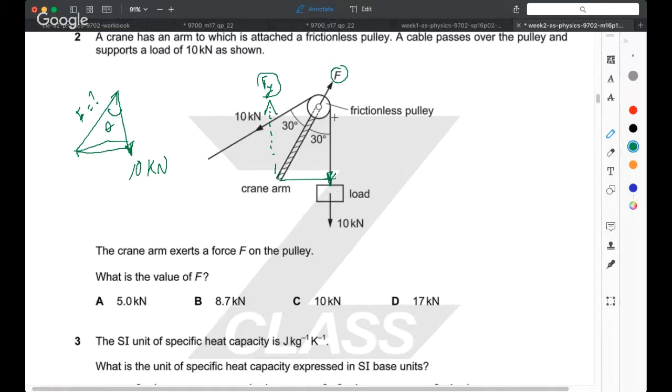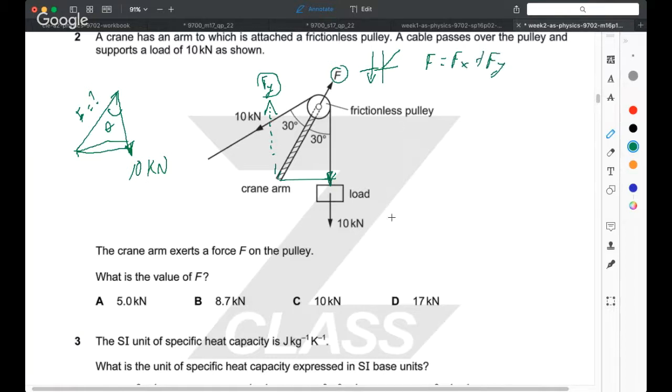So if we consider two axes, every vector will have an x component and a y component, right? But if this one is totally vertical, it doesn't have a real x component, only a y component. So here f is equal to f of x plus f of y.